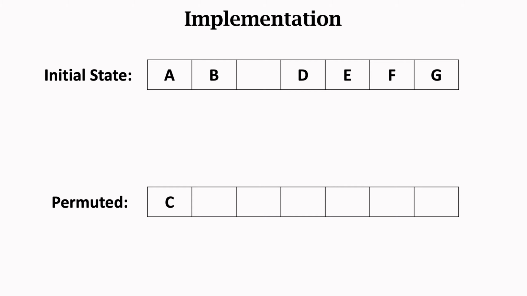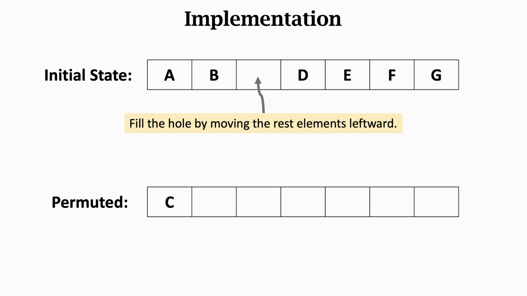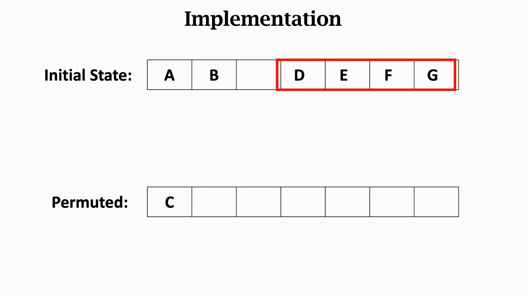The second entry is now empty. We need to move the rest of the elements one step left to fill the hole. Otherwise, if a newly generated random number was 2, then no element could be selected. Move these elements a step left. The hole has been filled.